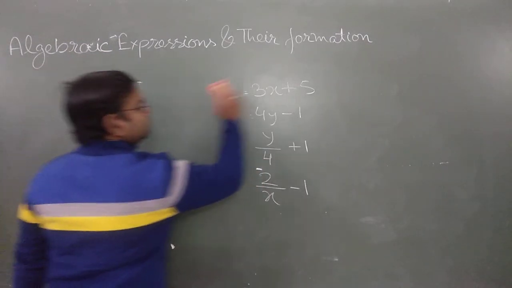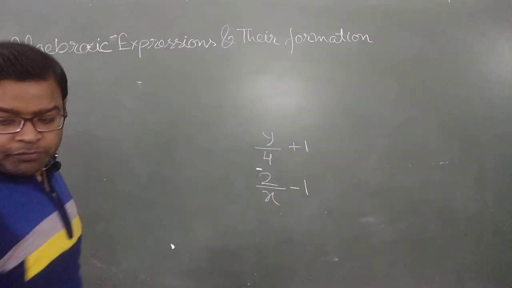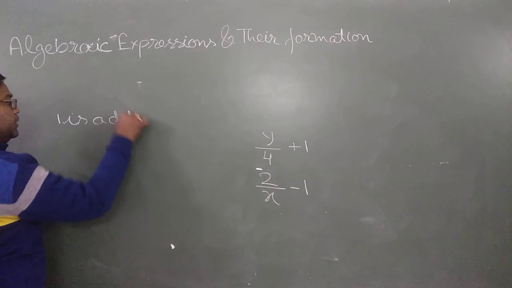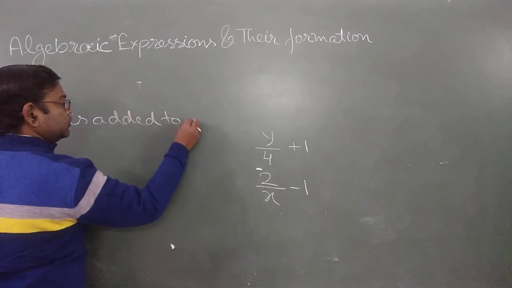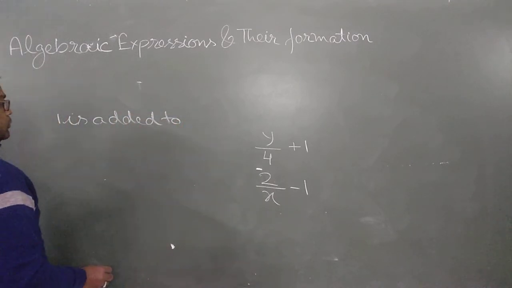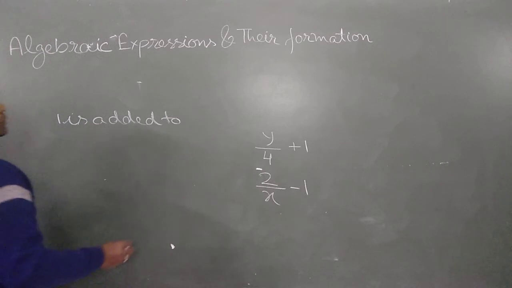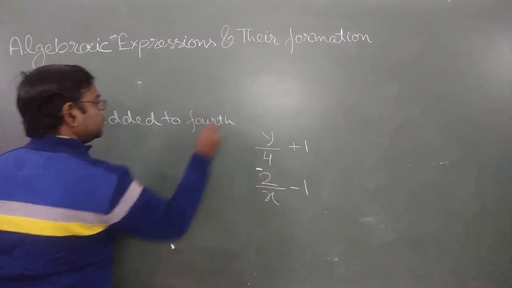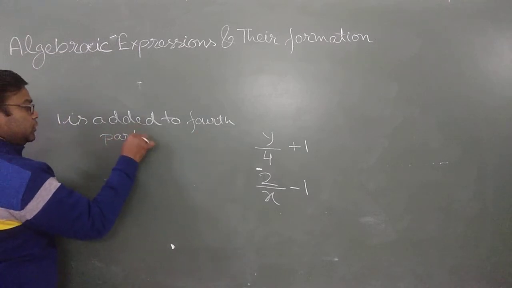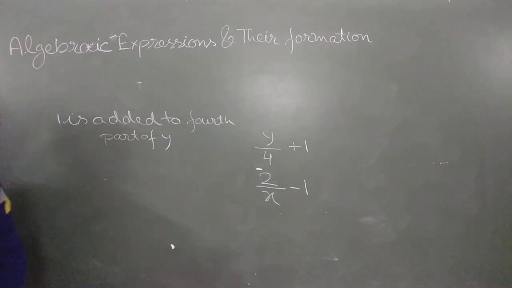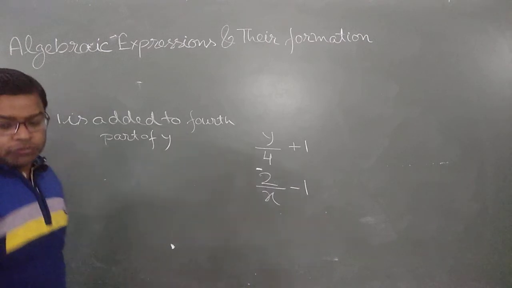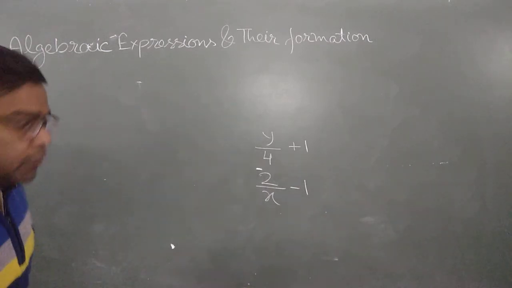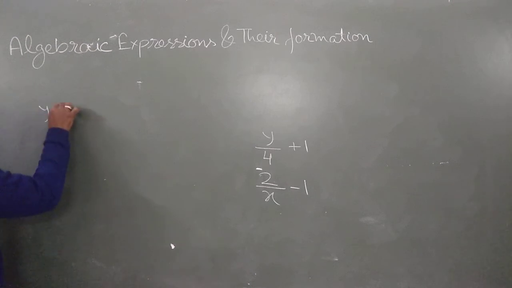But that statement is confusing, so I am using the simple one. 1 is added to 4th part of y. This is a third one. This one creates more confusion, so you must use the simplest one. Y is divided by 4.